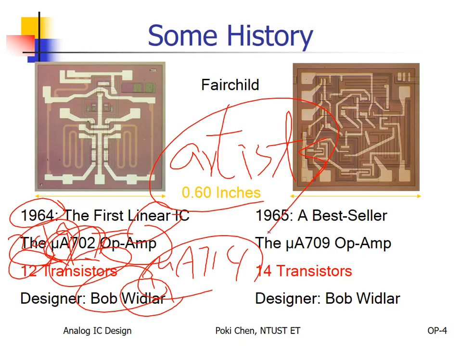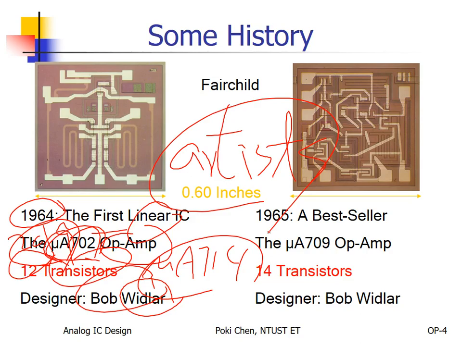Why? Because in the past, it was really hard to fabricate. So they needed to try their very best to reduce the chip area, especially the number of devices. For their own designs, many devices were reused, one device for many functions.